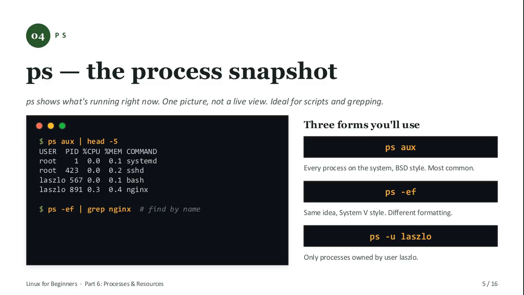The classic incantation is ps aux, which lists everything on the system in BSD style. You'll also see ps -ef, which is the same idea in System V formatting, and ps -u followed by a username when you only care about one user's processes.